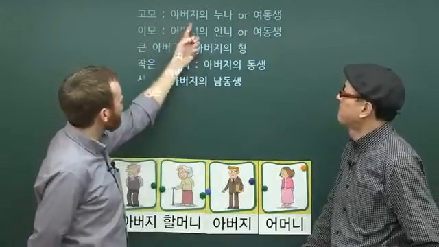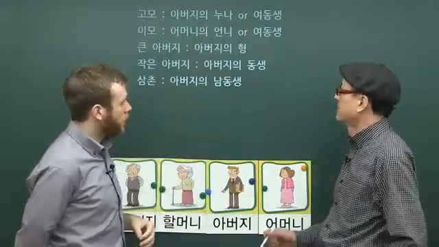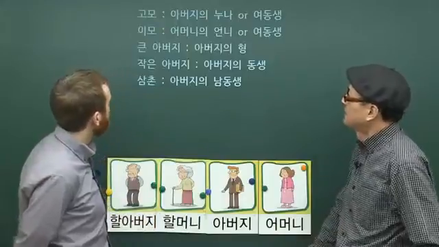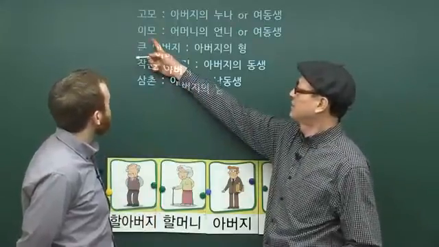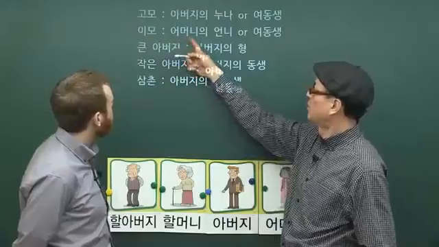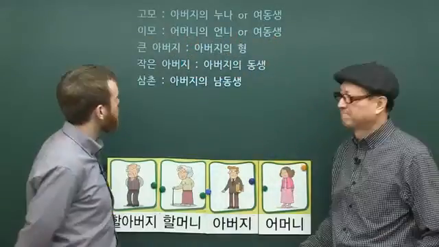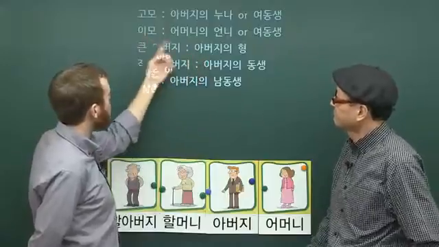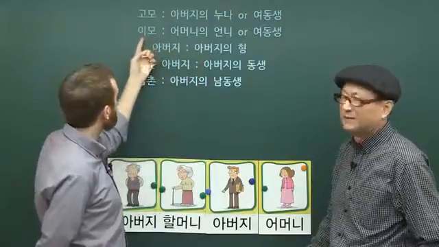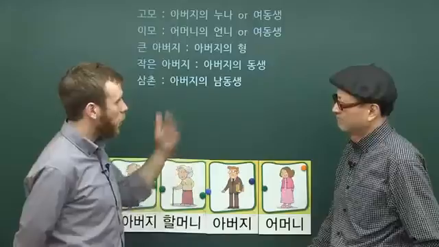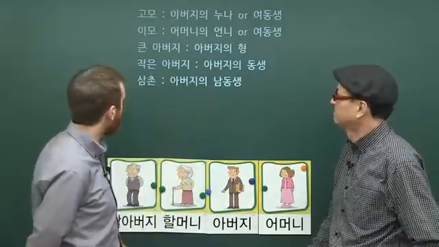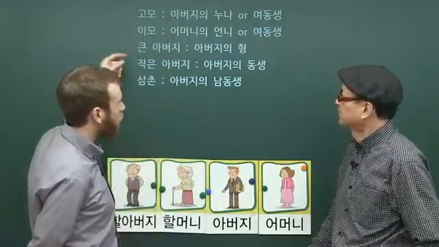It's either my father's older or younger sister. 그다음에 이모. 이모는 이제 mother side예요. 어머니의 언니 or 여동생. So the same rule applies, but for my mother's side of the family, we use the word 이모. That's for my mother's older or younger sister.